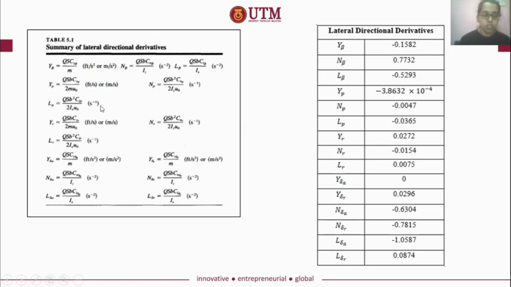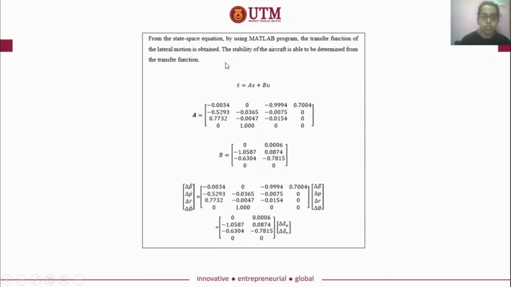We substitute the three coefficient derivatives we got before into here, and we get these lateral directional derivatives, which can be seen on the right. After obtaining all these lateral directional derivatives, we substitute them back into our matrix.